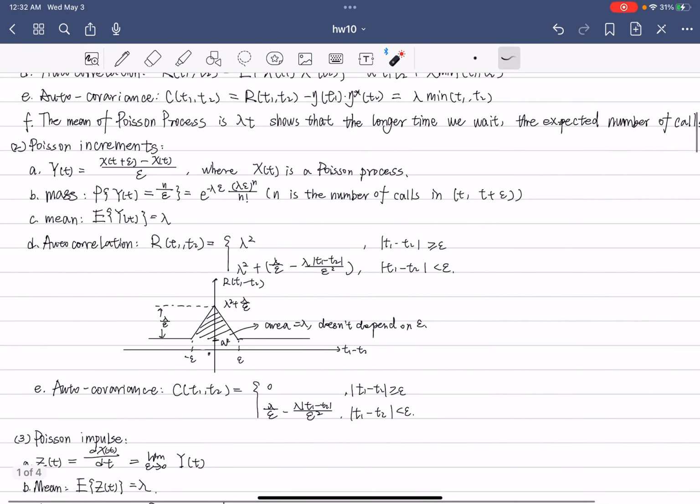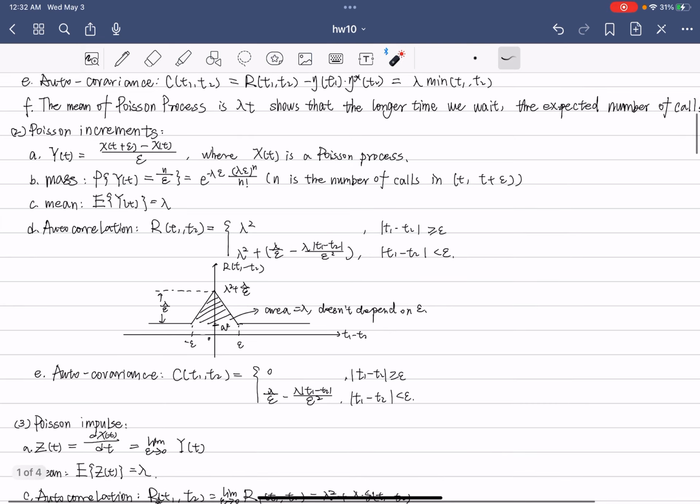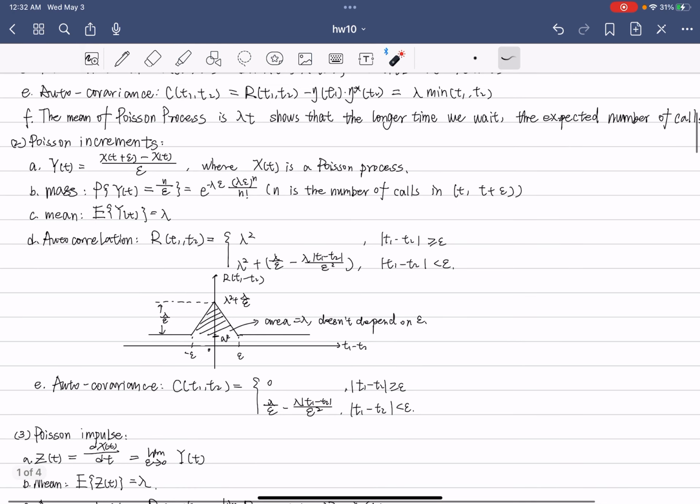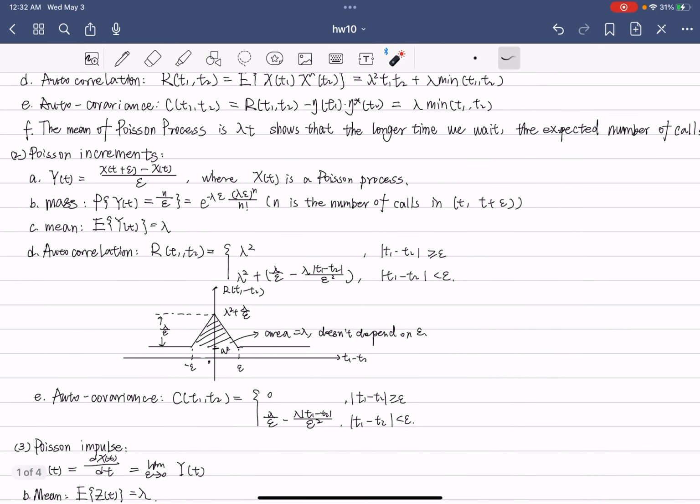The second one is Poisson increments. We can define it as Y(t) equals X(t plus epsilon) minus X(t), divided by epsilon, where X(t) is a Poisson process.